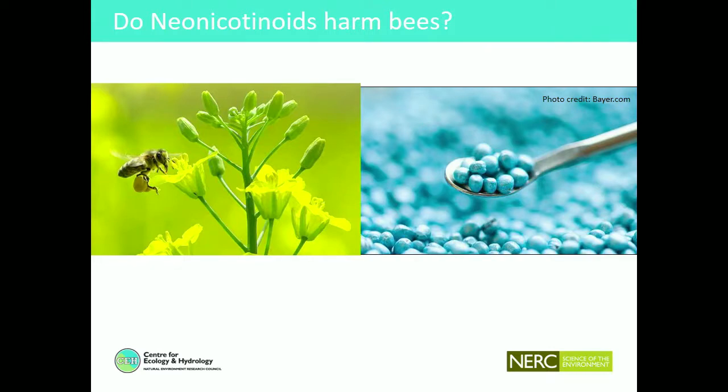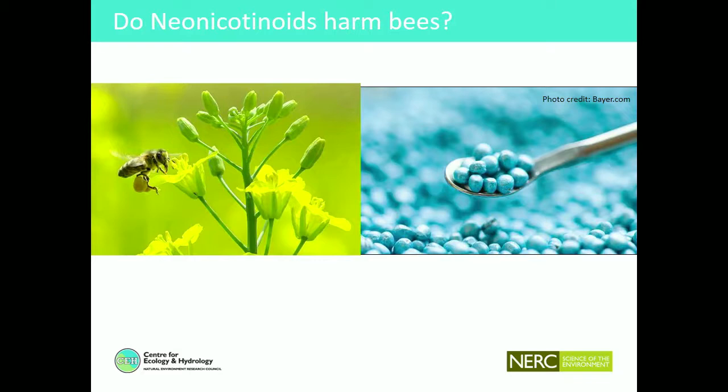And this is a good thing because it means you don't have to apply large amounts of spray, and so you don't get runoff. And actually, in terms of water quality, it's a really good news story. But it also means that beneficial insects, such as bees, have the potential to be exposed through pollen to the pesticide. So the question is, do these chemicals harm bees?